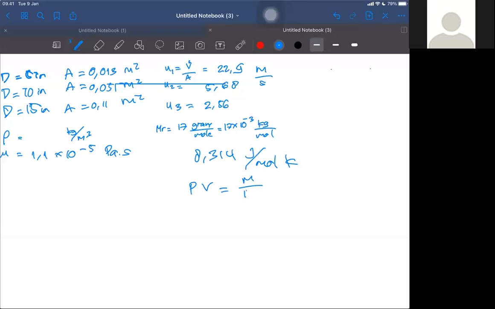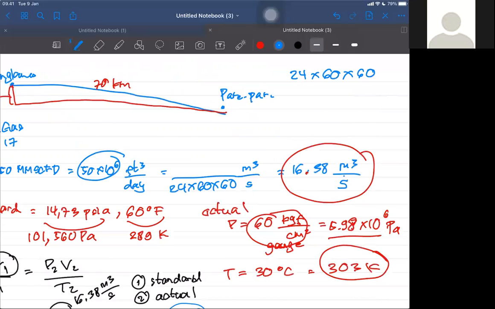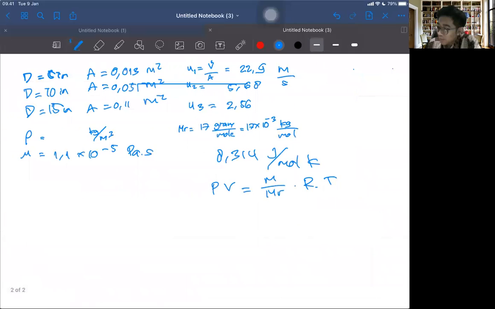The pressure is to the power of 6, right, sir? That's right. Based on your calculation, I haven't checked. Yeah, sir. Okay, so the density should be m over V, right?